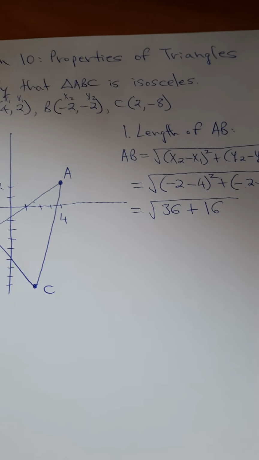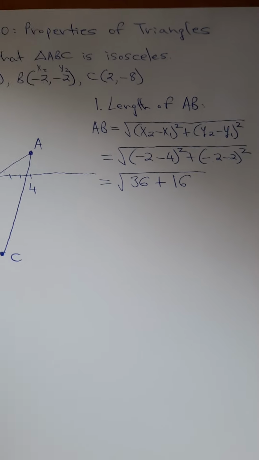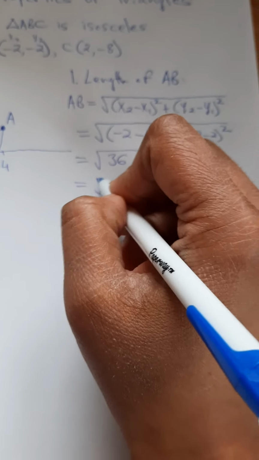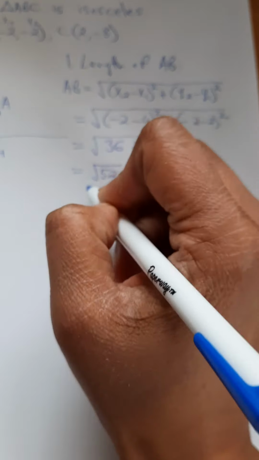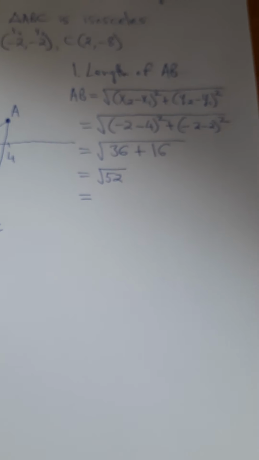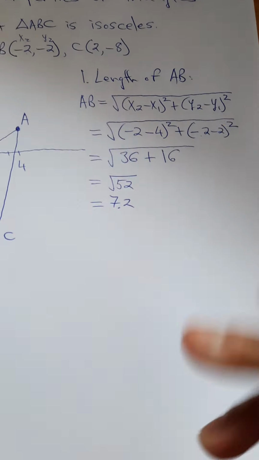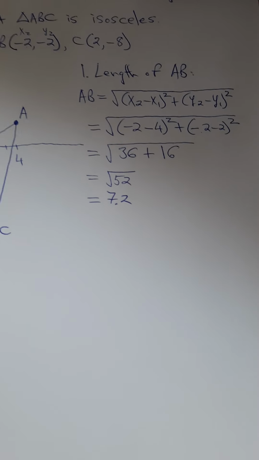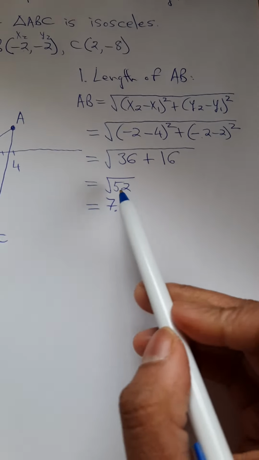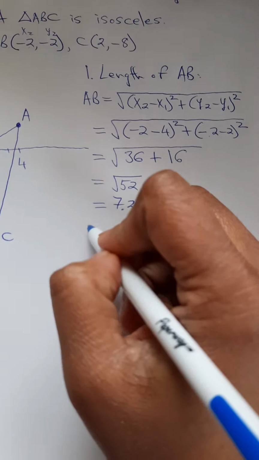Does everyone see that? We're going to add these numbers together here. I'm getting the square root of 52. And again, if you want the decimal value, it's equal to about 7.2. In most cases, you could just leave your answer as the square root of 52. It should be all right.